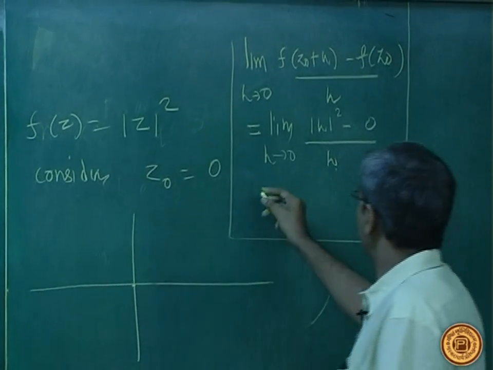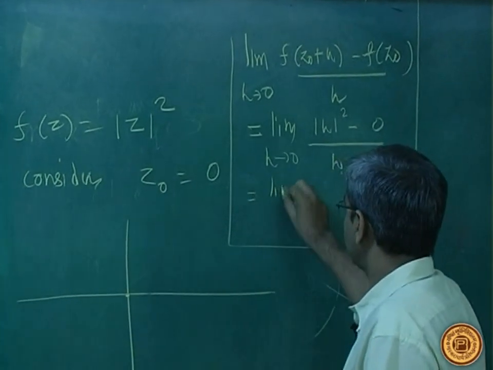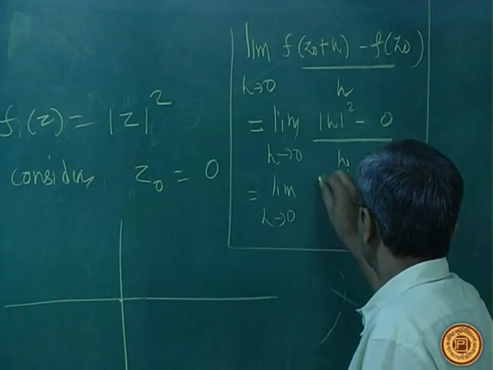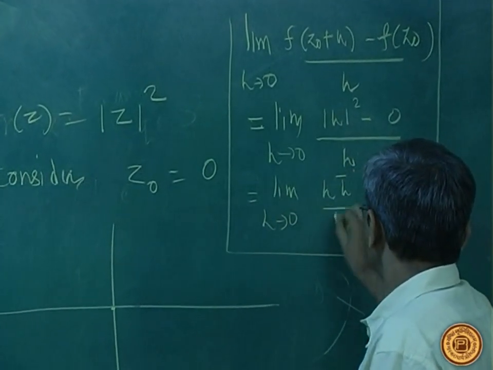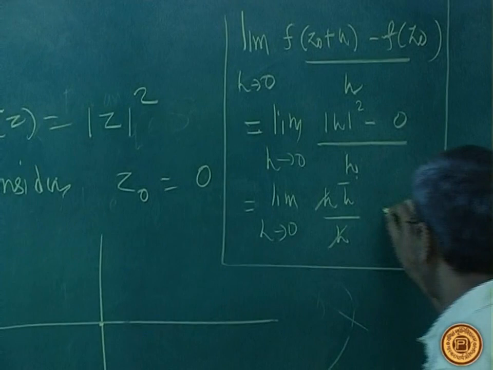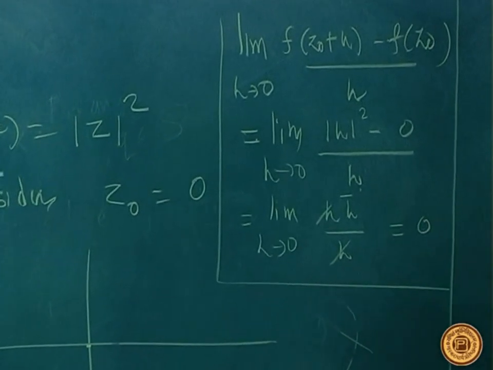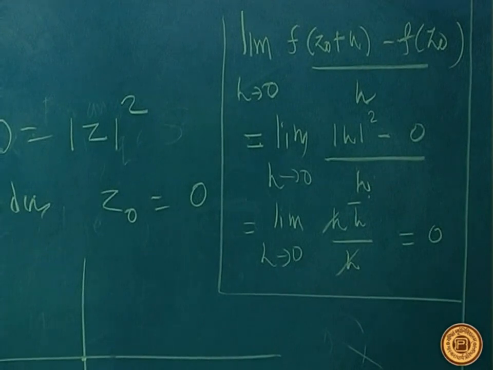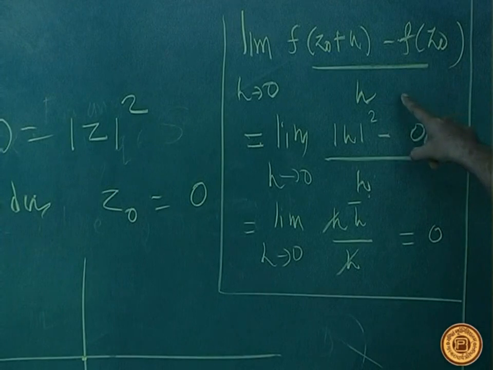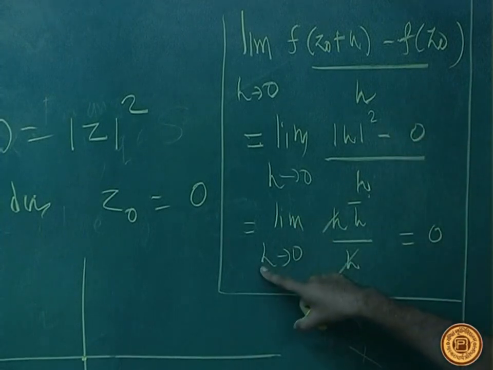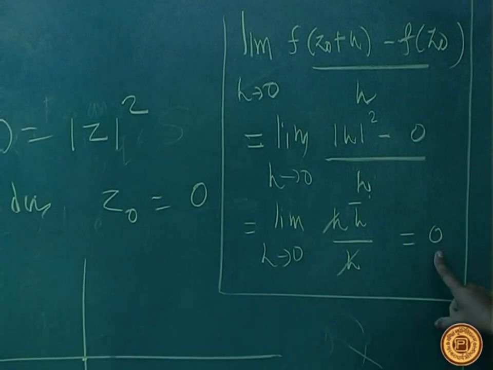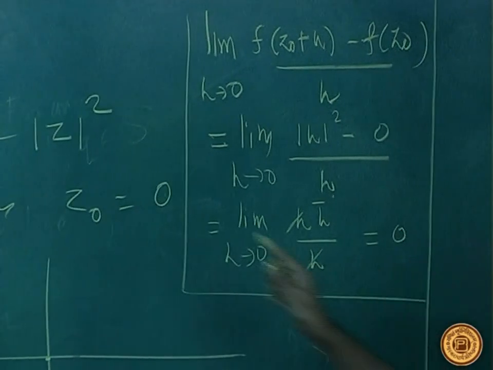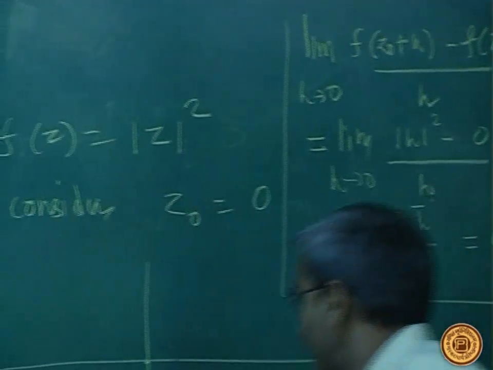But mod h square is h times h bar. This h will get cancelled and the limit will be 0. So, the limit of f of z naught plus h minus f of z naught upon h as h tends to 0 exists. So, we can say what? f is differentiable at 0.